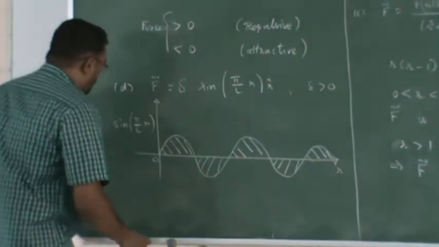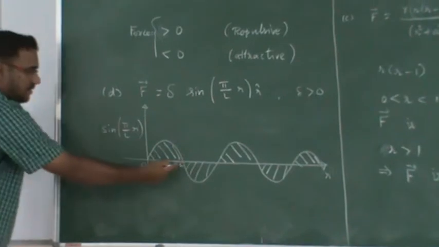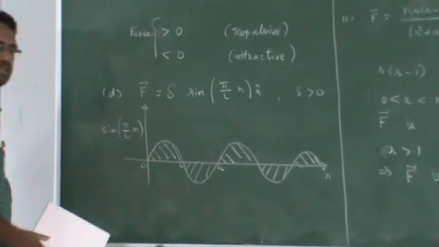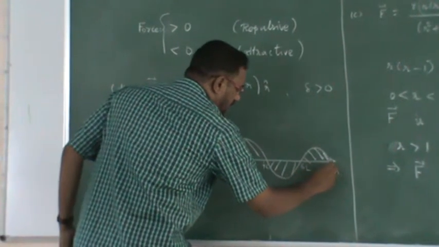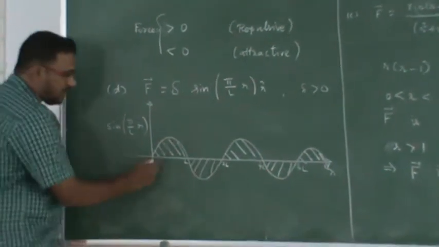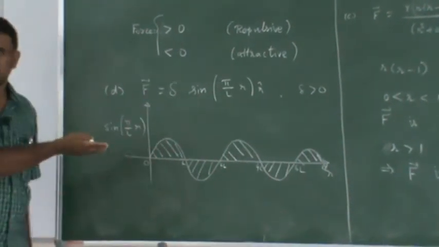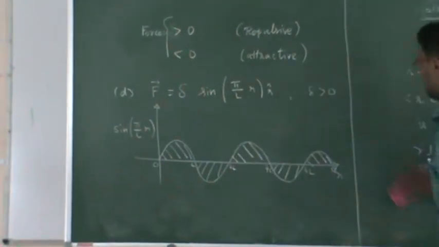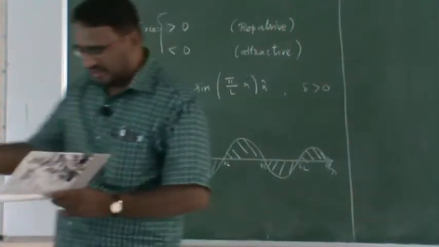When I put r is equal to l, it is 0, then r equal to 2l, once again 0, 4l and 6l and so on. So between 0 to l, the force is positive, therefore repulsive in nature. And between l to 2l, the force is negative, therefore attractive.